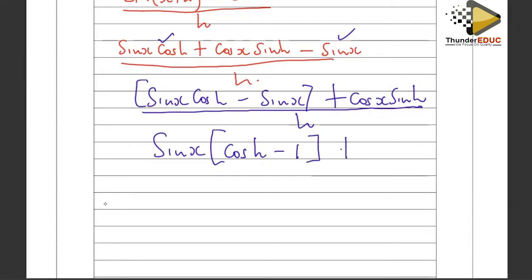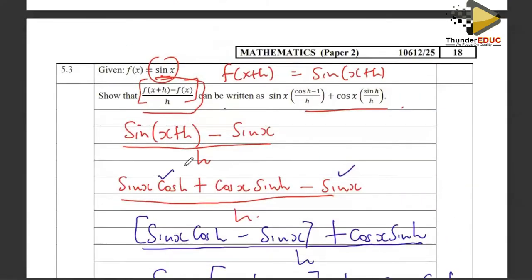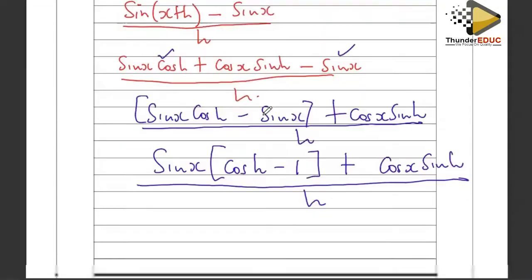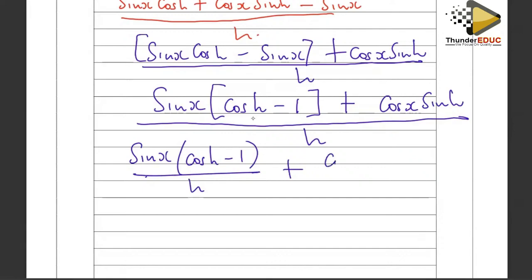We are plusing it by the cos x sine h. Everything is over h. Which format did we have? Things were separated. Okay, split this since it's the same denominator. Gonna have the sine of x into cos h minus 1, everything over h, plus this is gonna be cos x sine of h also over h.